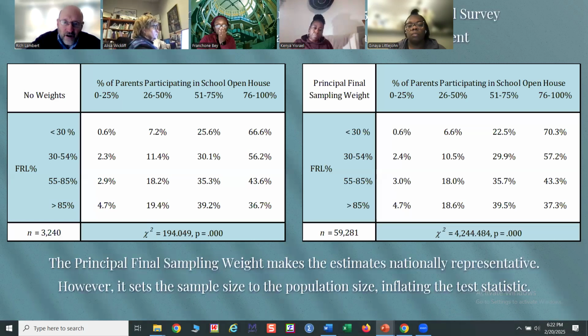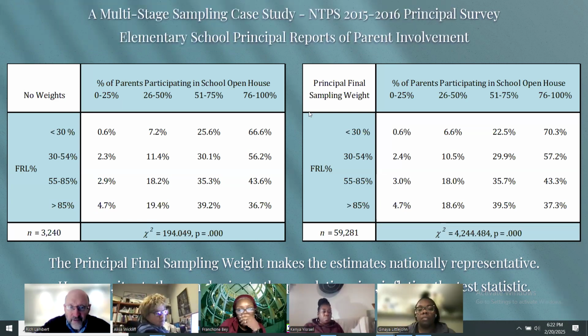Okay, now I want to show you an example that'll make some of this a little more practically meaningful. This example is from the 2015-16 principal survey, and it's referring to elementary principals and what they report about parent involvement.